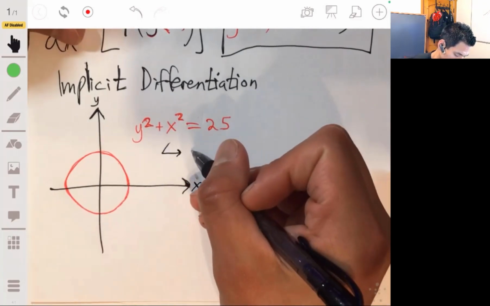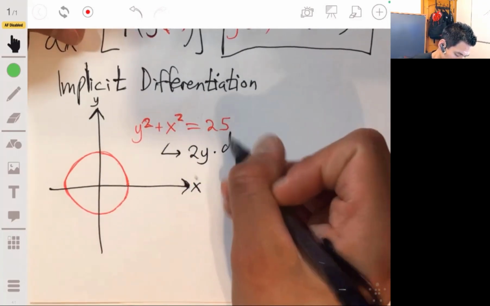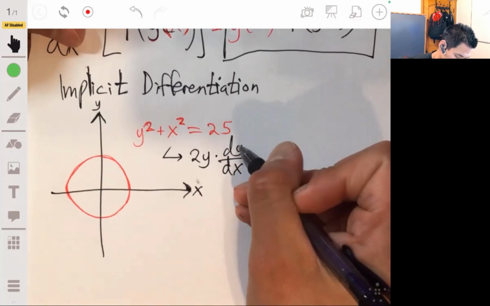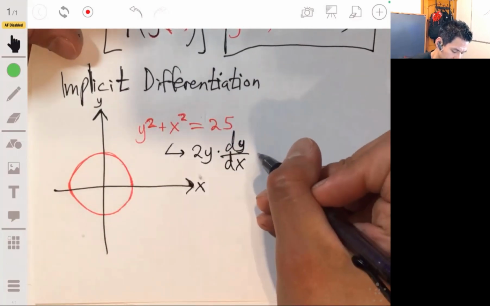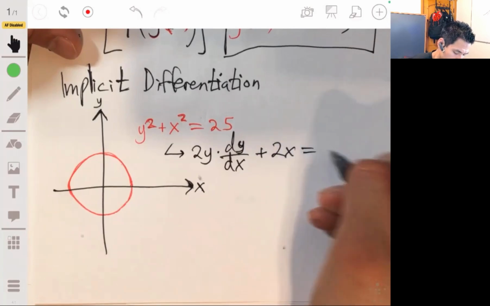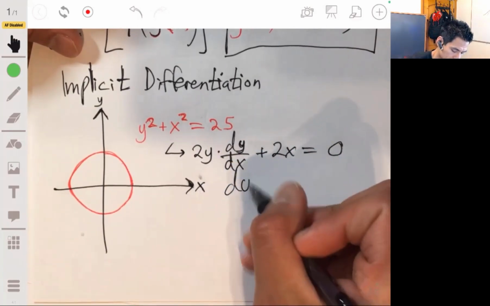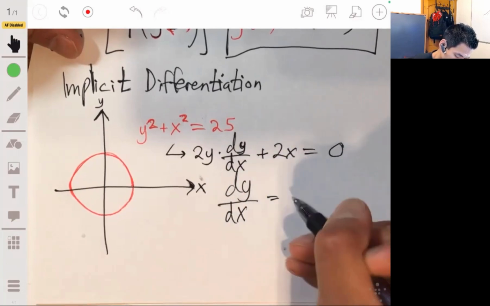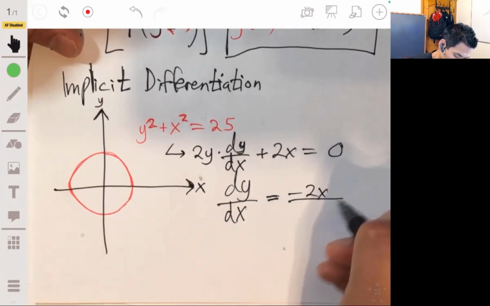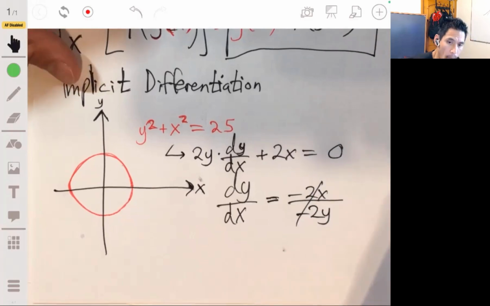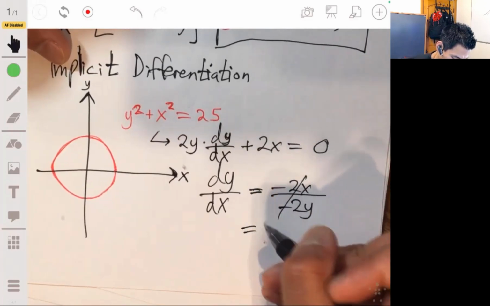So it would look something like this. You would have 2y times dy dx. Take the derivative of x squared as normal, so that would be 2x. The derivative of 25 is 0. Then we just solve for dy dx: negative 2x over 2y. And so you get negative x over y.